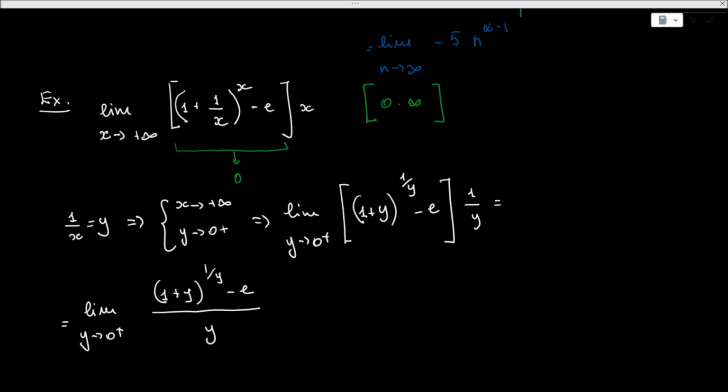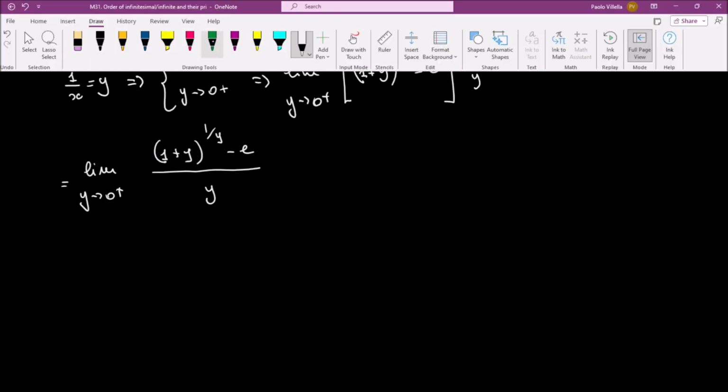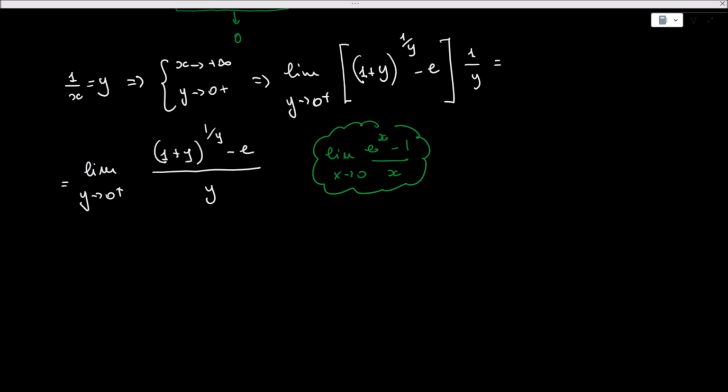At this point we may recognize some fundamental limits. Remember the limit of the form e to the x minus 1 divided by x for x that goes to 0. We might think of something like this. So we may want to replace this term with the exponential transformation.